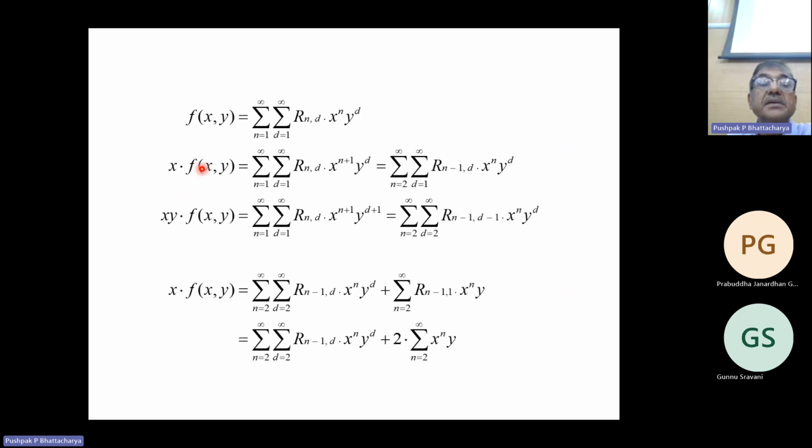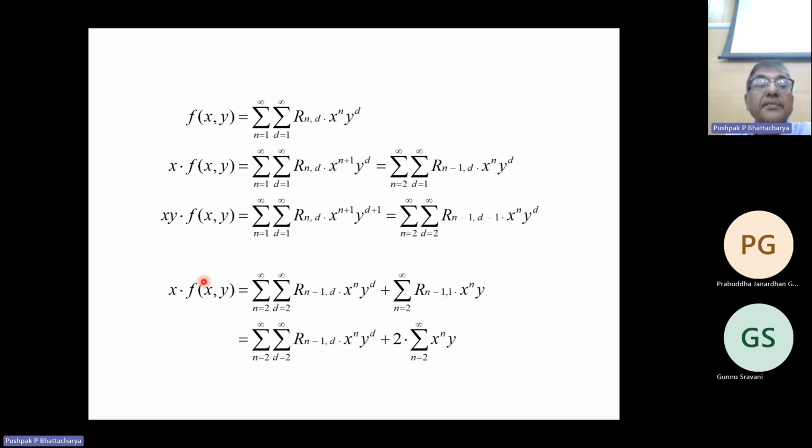Now f(x, y) is this. If we multiply f(x, y) by x, then what we get is x f(x, y) equal to the sum over n from 1 to infinity and d from 1 to infinity of R(n, d) x to the power n plus 1 y to the power d, which is equal to the sum over n from 2 to infinity and d from 1 to infinity of R(n-1, d) x to the power n y to the power d. Okay, so we have been able to achieve this goal of getting the coefficients R(n-1, d).